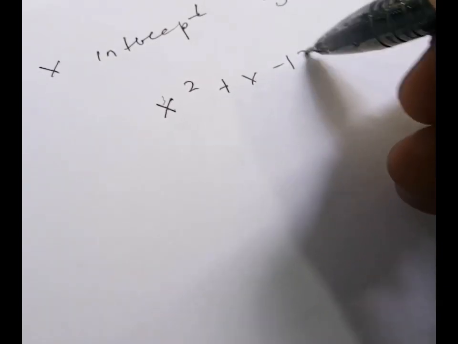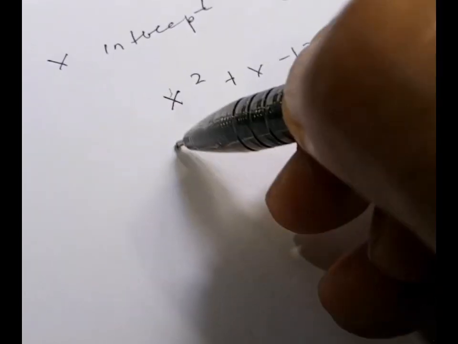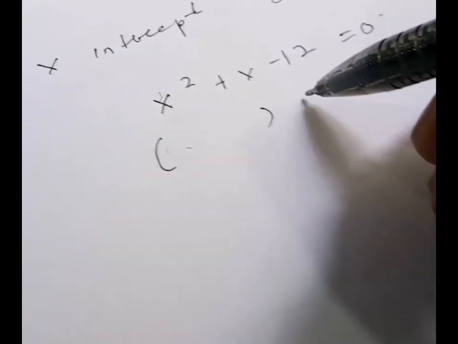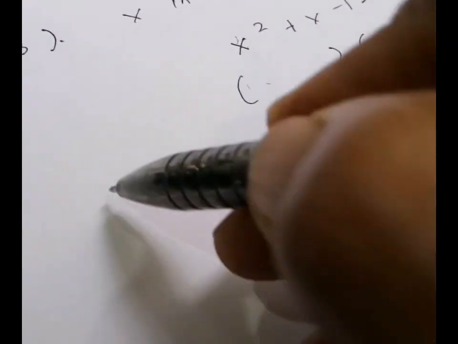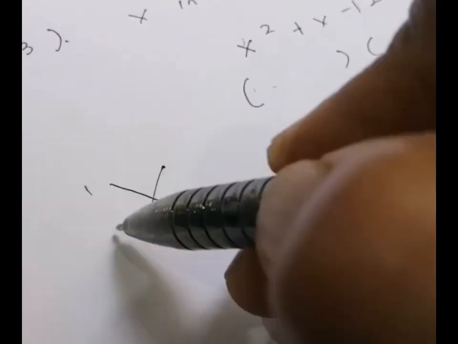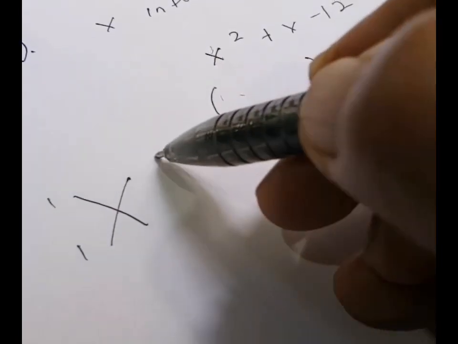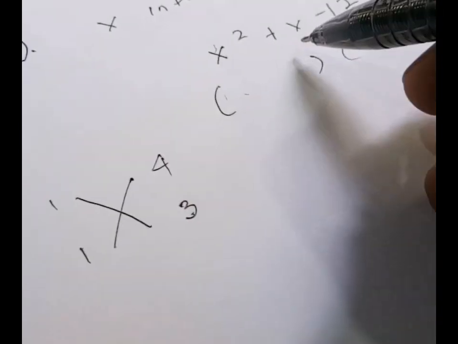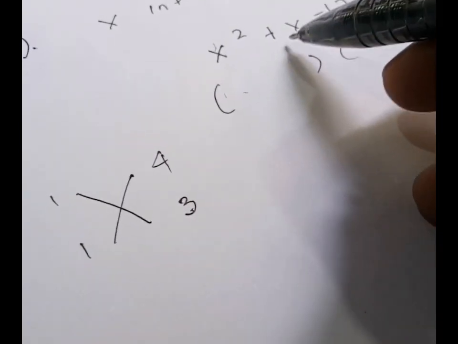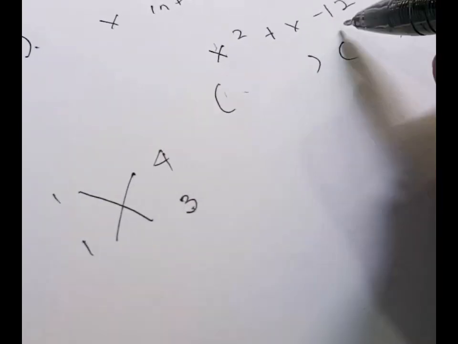Factorize this using factoring methods. 4 times 3, and since we want positive 1 in the middle, we must put the negative sign at 4.